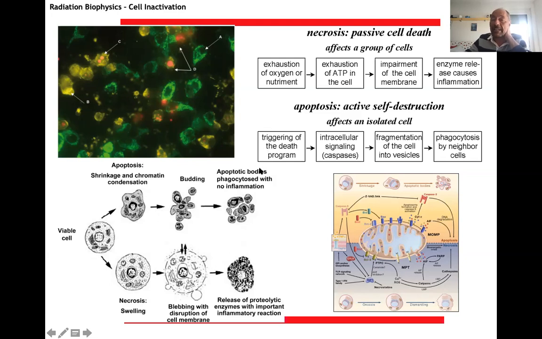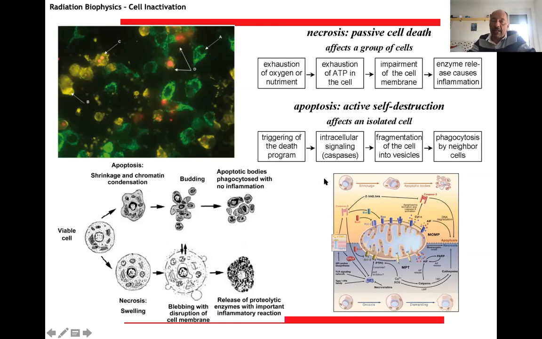So in apoptosis, the mechanism is not so easy. You see, it is simplified here. Caspase-3 plays a very important role in apoptosis. There must be a trigger of the death program, generally decided by p53. And then from p53, you have an intracellular signaling which is mediated by the caspases.